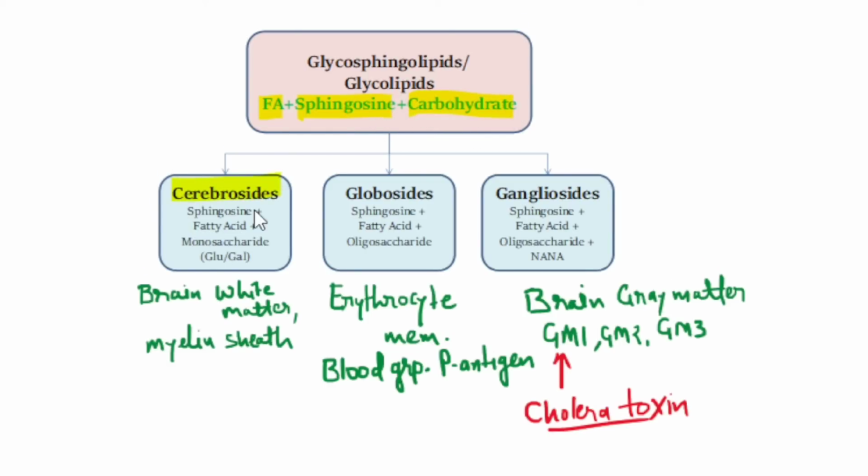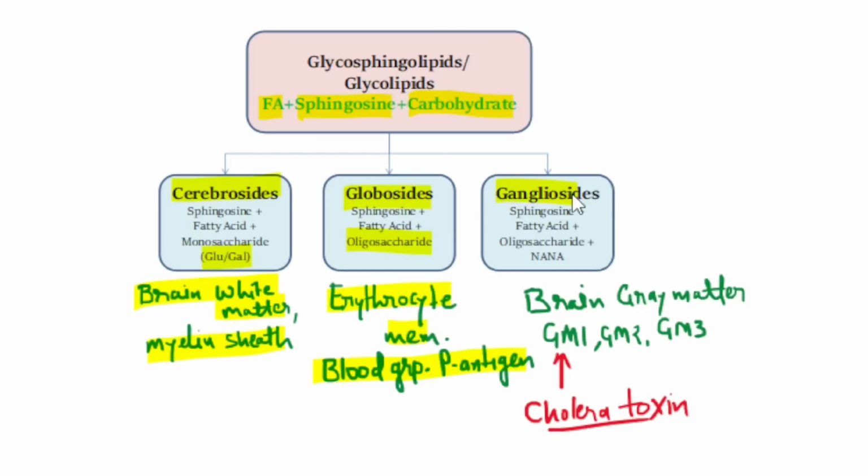Cerebrosides have the monosaccharide glucose or galactose. It is present in brain white matter and myelin sheaths. Globosides have oligosaccharides. They are present in the erythrocyte membrane. They are an essential structure of the blood group P antigen.